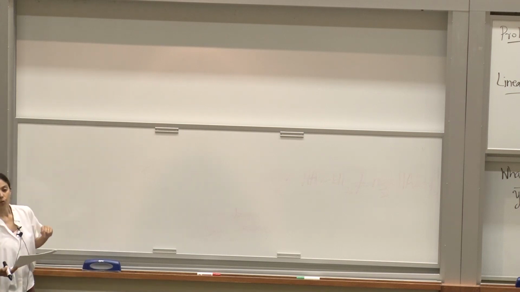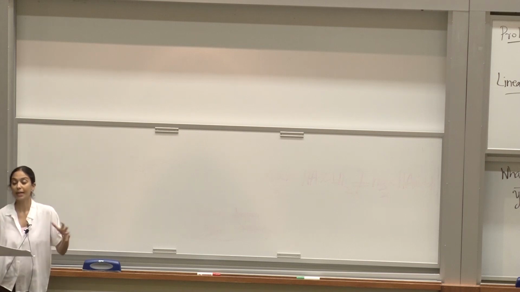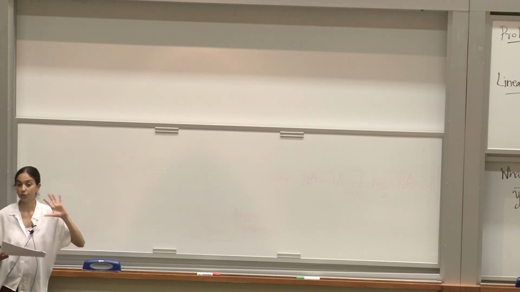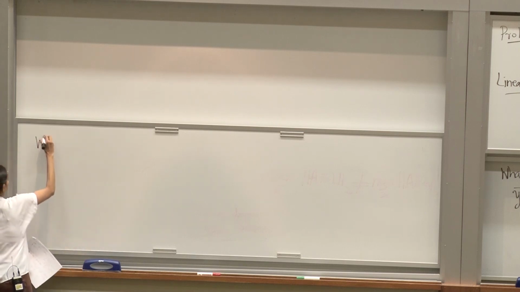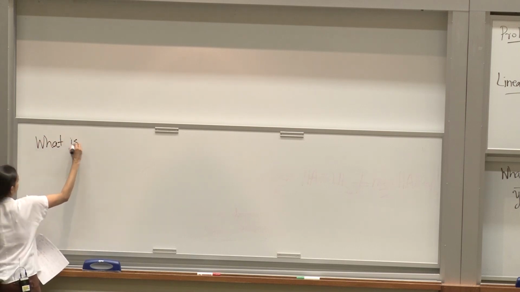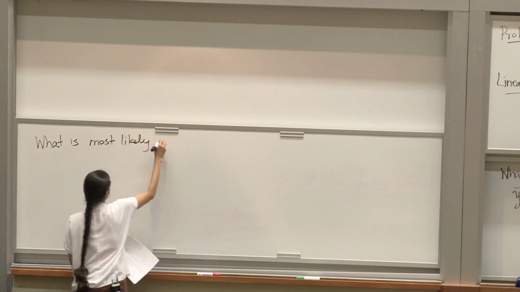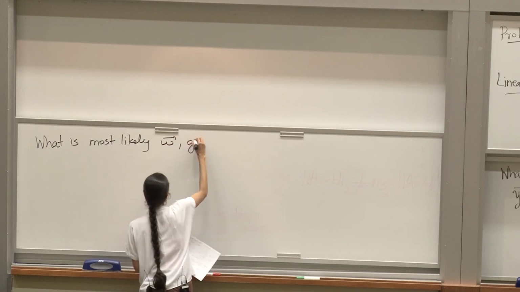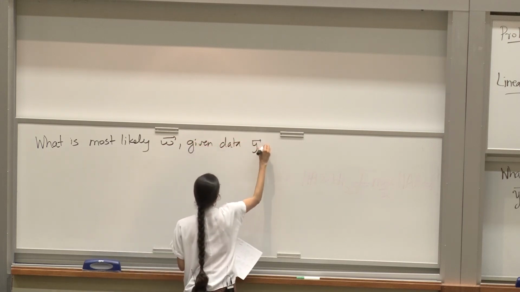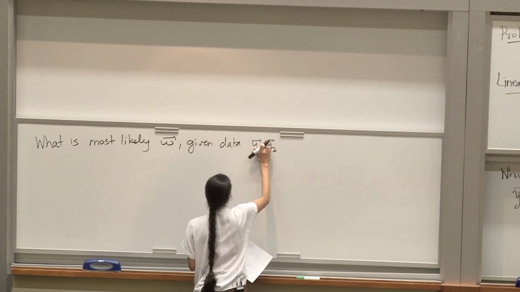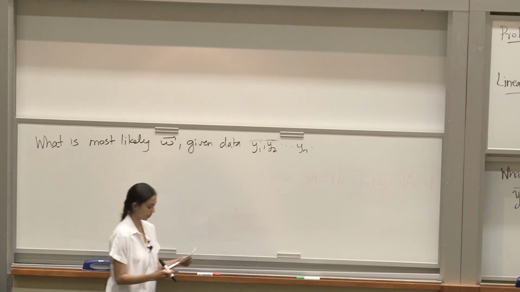So now what we want to do is find the most likely W given the data, which is a different question from what we asked last time. We are asking, what is the most likely W given data y1, y2, through yn.